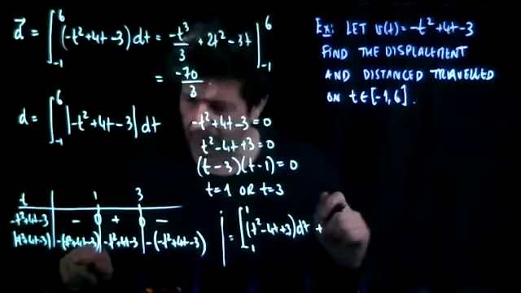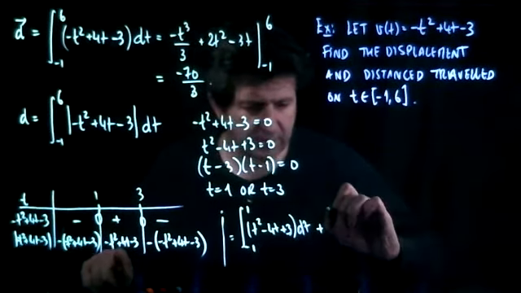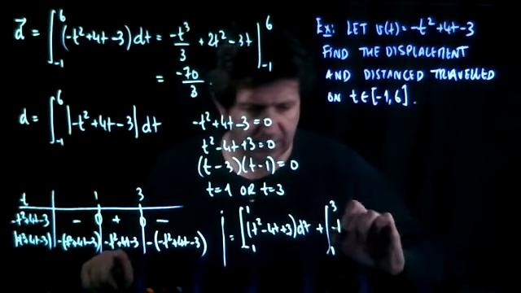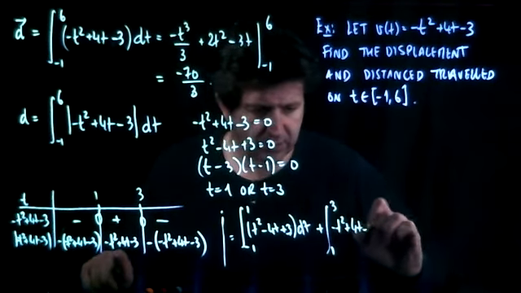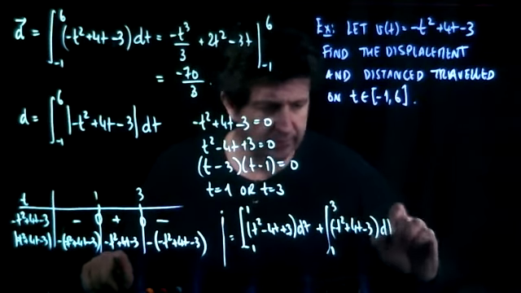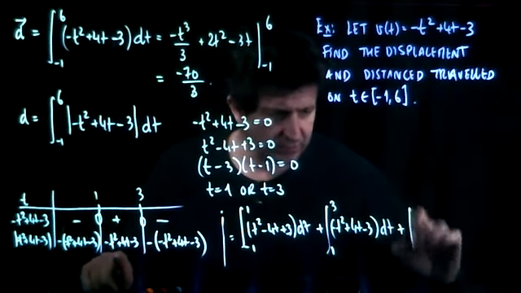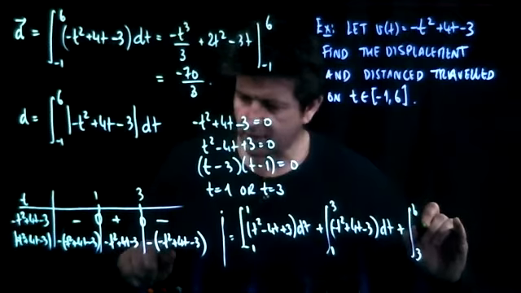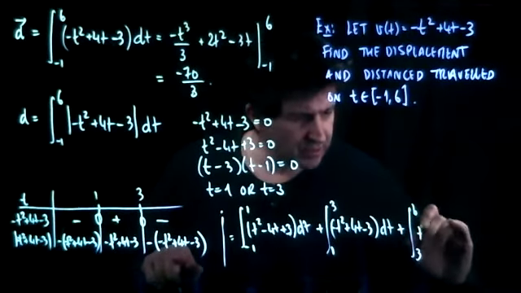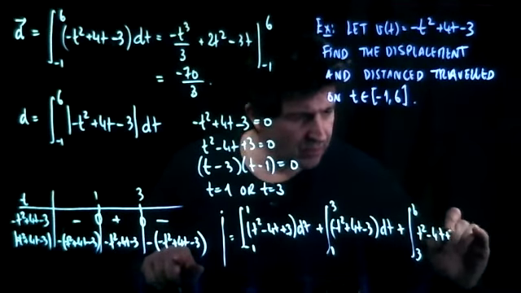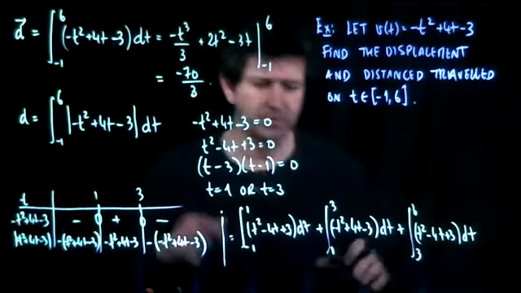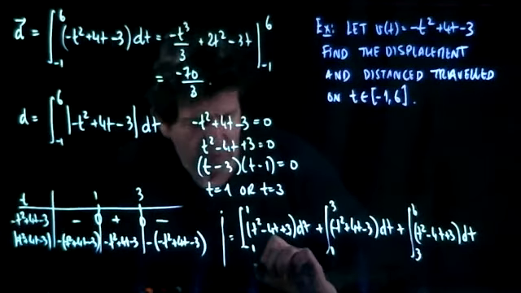Plus this one here, from 1 until 3, -t squared plus 4t minus 3 dt, and then plus from 3 until 6 of this here, which is t squared minus 4t plus 3 dt. And that's what I have to calculate.